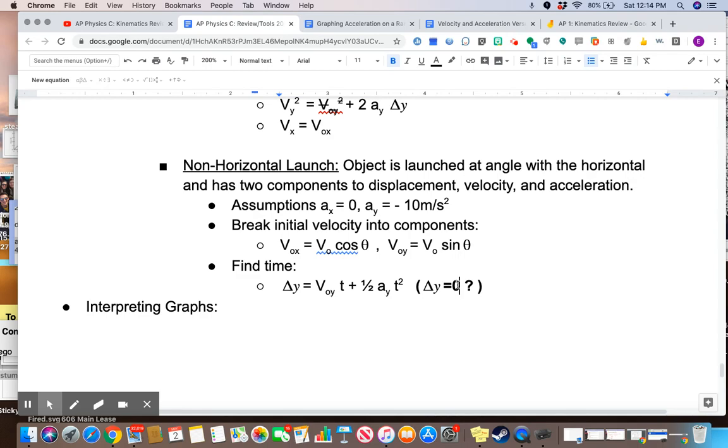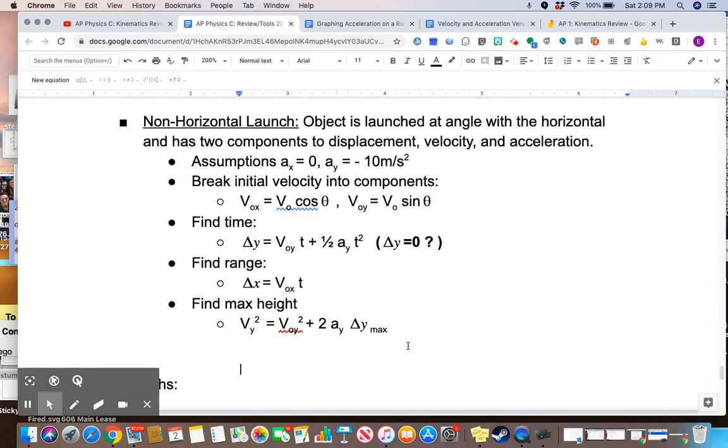Don't spend your time doing the quadratic equation. Make sure you know how you could quickly solve that quadratic in your calculator in a matter of seconds, okay? If you need help with that, let me know. So we can find time, range, and maximum height using the following equations.